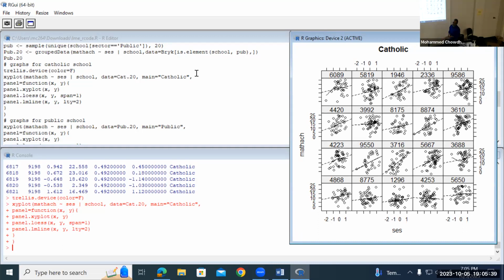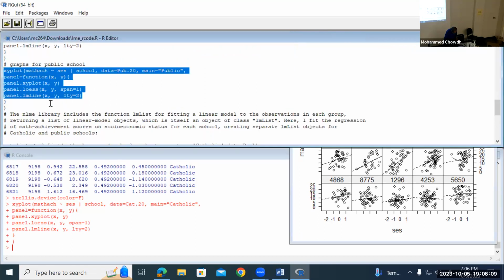The rationale is this: if someone asks you why you created this graph, it was created by taking 20 Catholic schools and 20 public schools and drawing the individual fits, in order to show that the behavior of the intercept and slope are varying. This is for the Catholic ones and that is for the public ones.